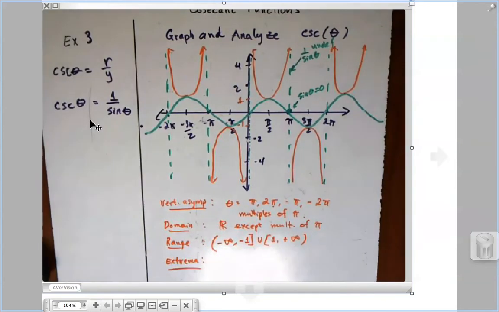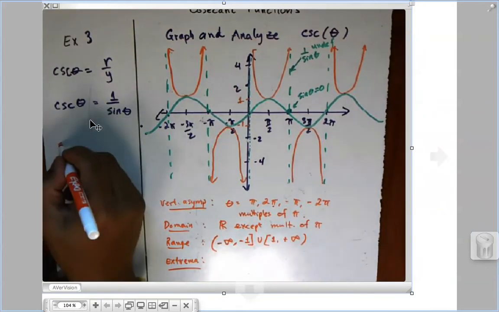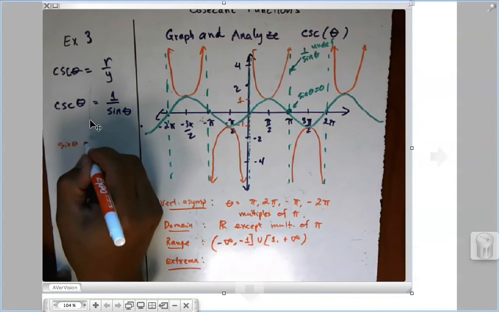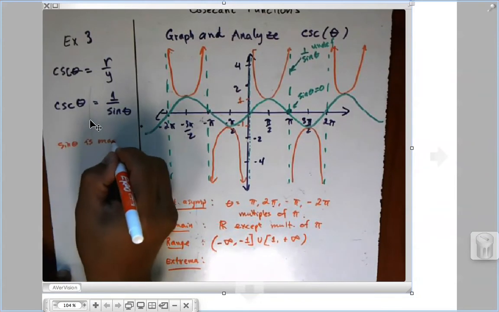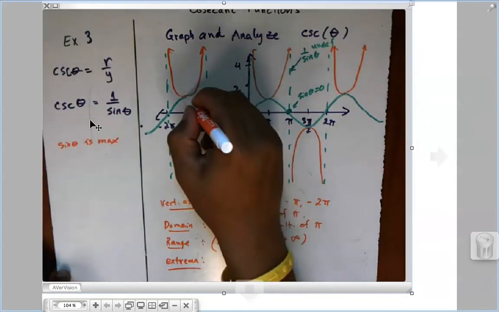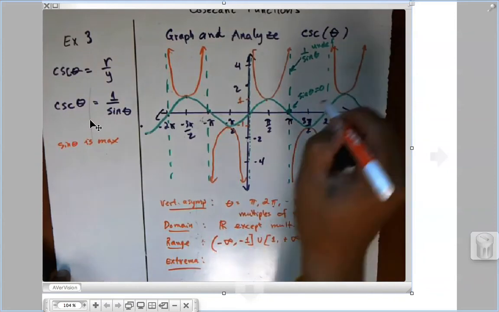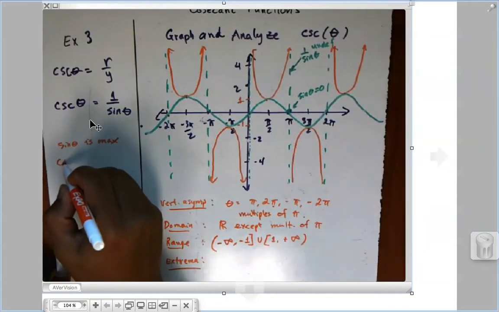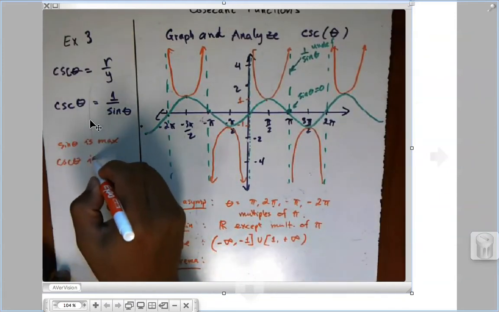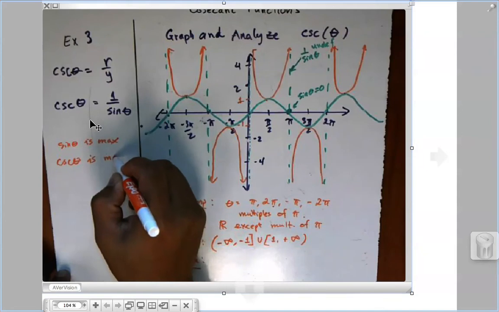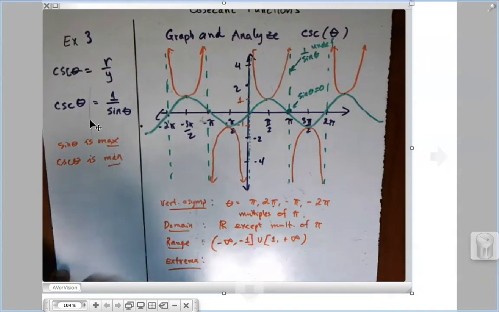The reason for this is when sine is at its max, which are these points right here, 1 over sine, or cosecant of theta, is at its min. And vice versa.